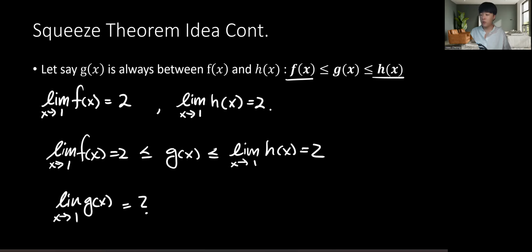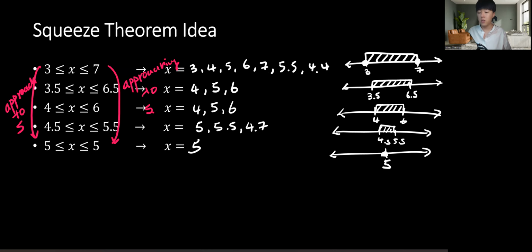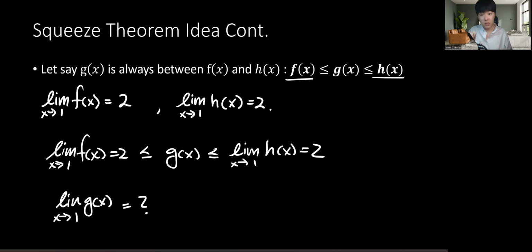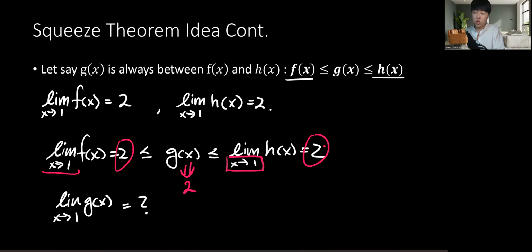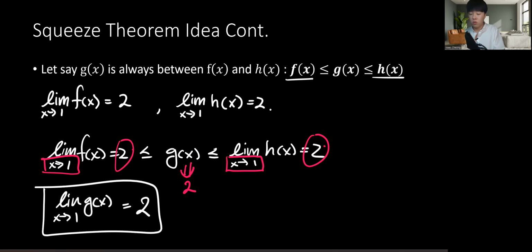If you look at our previous example, if the left and right numbers are 5 and 5, x must be equal to 5. That's exactly what's happening here, right? Because our left and right values are 2 and 2, this value must be 2 when x is approaching 1.